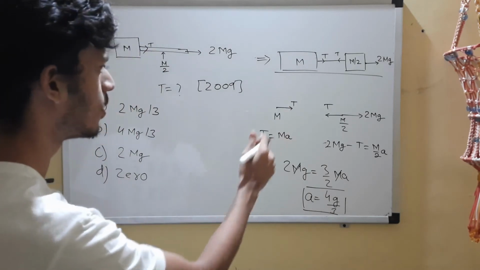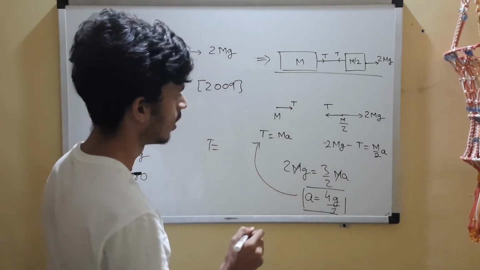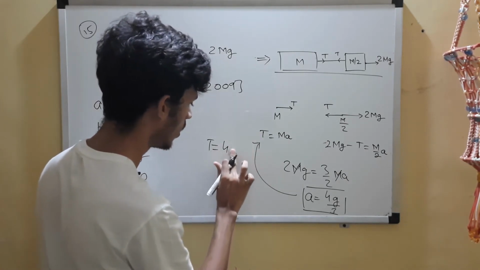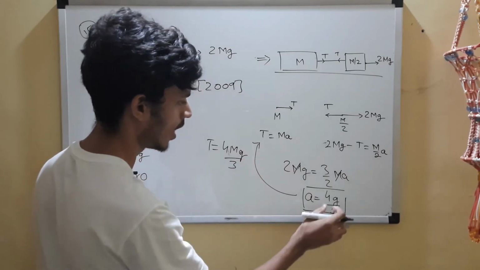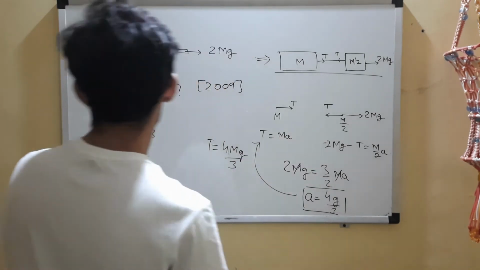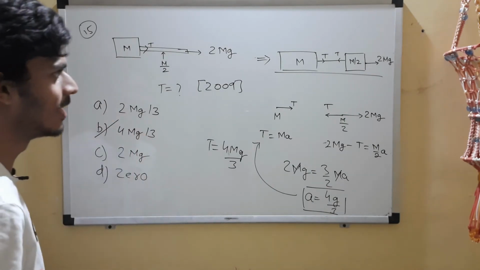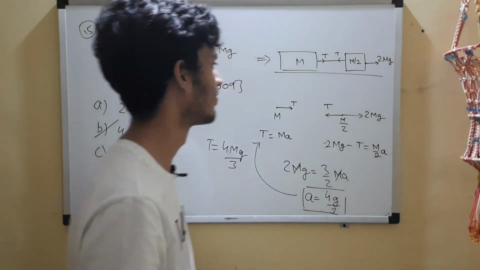So we can just substitute it over here and get the tension. In place of a, I just put that value. So T is 4 mg by 3. Quite easy this way, right?